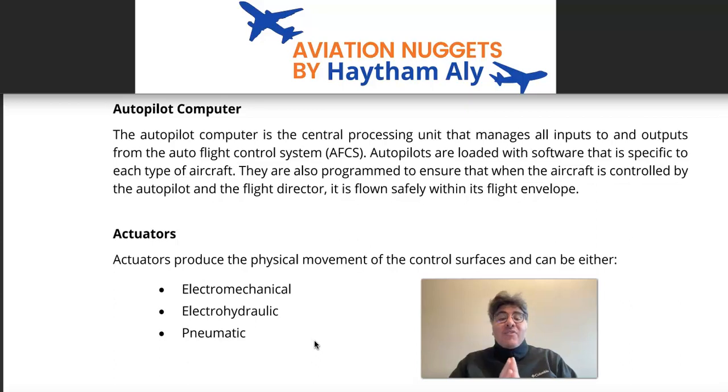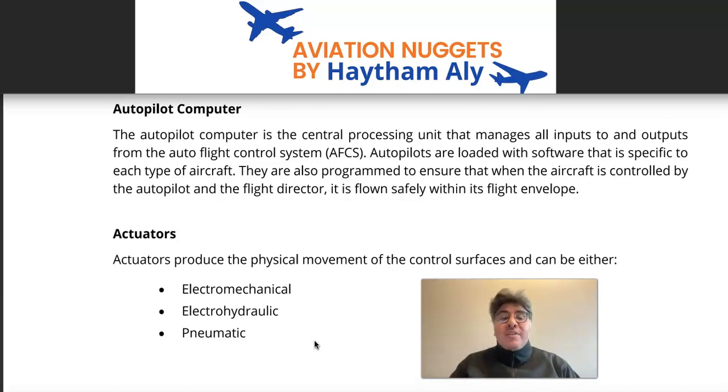Okay. What other component is there for the autopilot system? It is the FMA, Flight Mode Annunciator, where the pilot can monitor the operation of the autopilot. The FMA is the upper part of the PFD, or what it is called in Boeing, the Electronic Attitude Director Indicator.